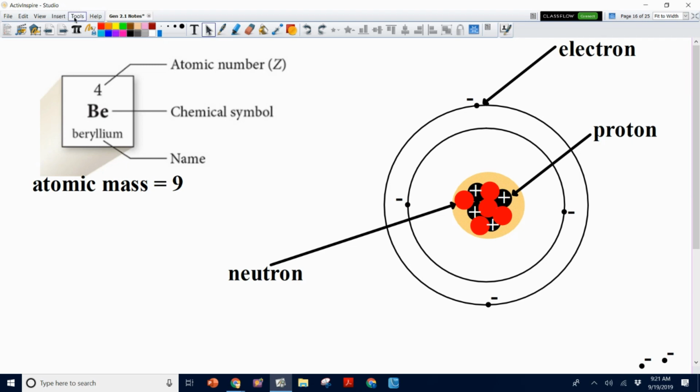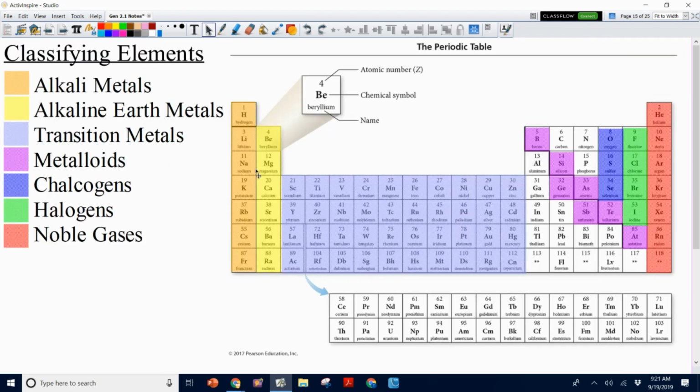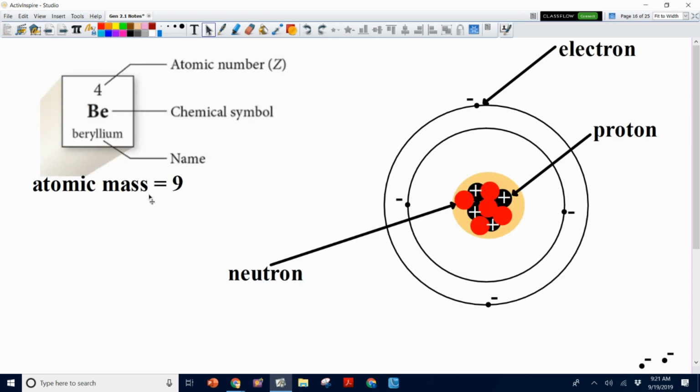Now, what's not on this periodic table is the atomic mass. The atomic mass for one form of beryllium is 9. So if we take 4 protons, and it has a mass of 9, that must mean that the other 5 masses come from something else.